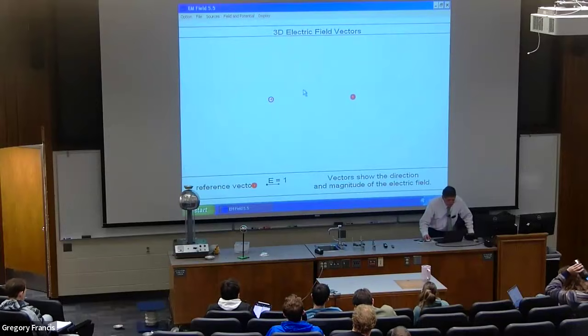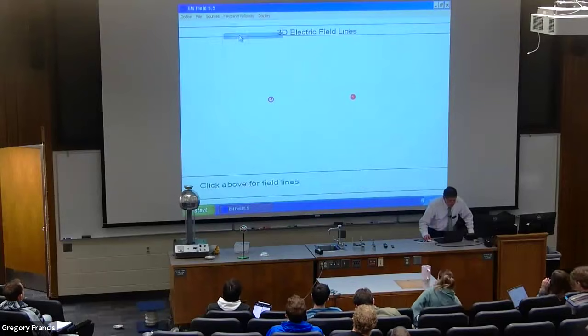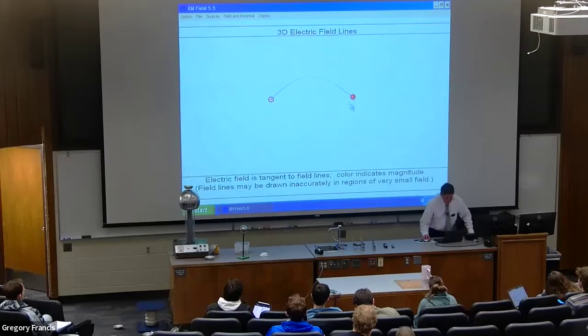David Trowbridge essentially did the stepping for us, and we call those field lines. And so you see that if I just click right here, I get a field line.